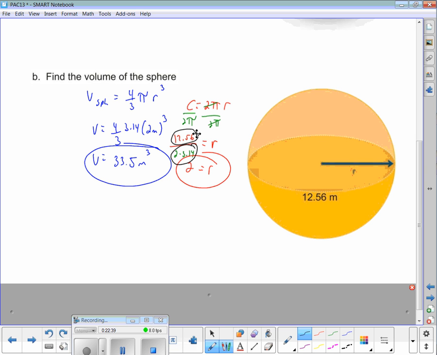And again, you can make that a whole number first if that makes you feel better. That's a 6.28. 12.56 divided by 6.28 is 2. If you leave the 2, divide the 12.56 by 2, then divide it again by the 3.14, or use parentheses. You just have to know how to use your calculator. Radius is 2.